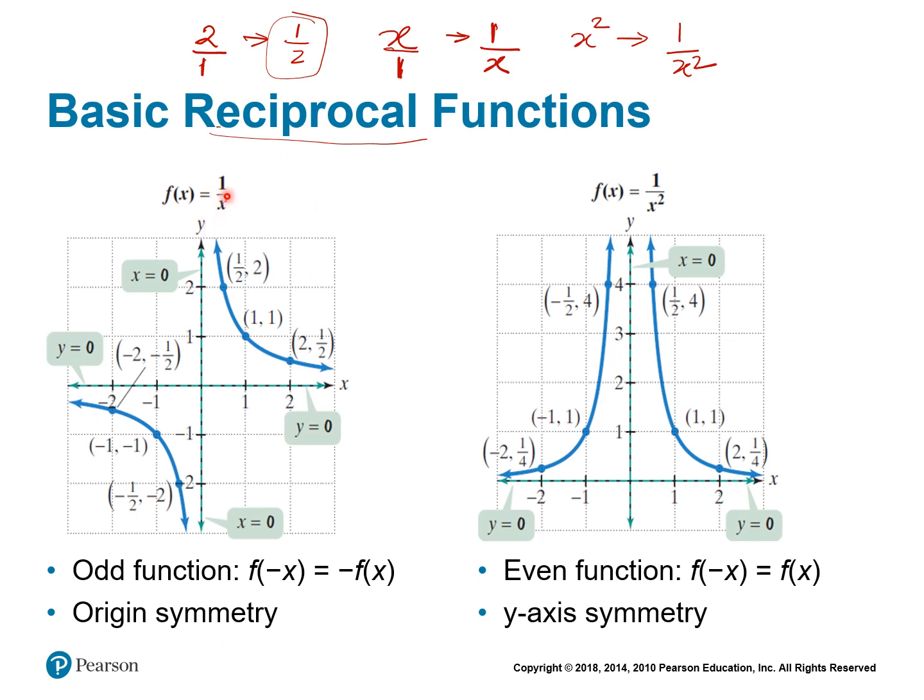What happens in a reciprocal function? In a reciprocal function, remember the numerator and the denominator flip, right? Let's say we have 1, 1, and in an odd function, what was going to happen?